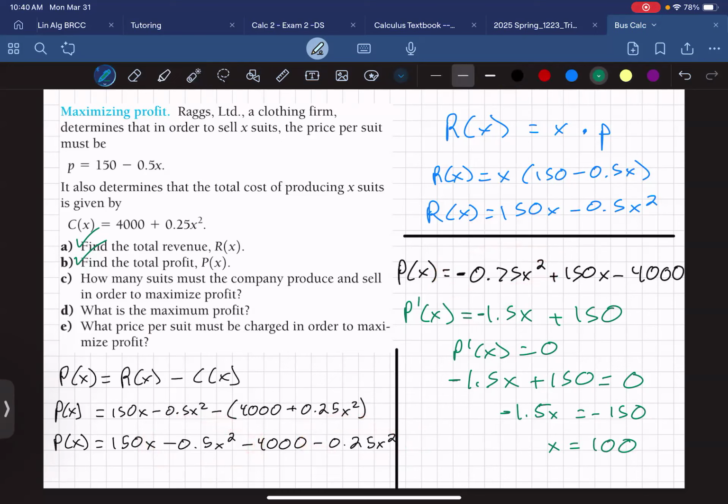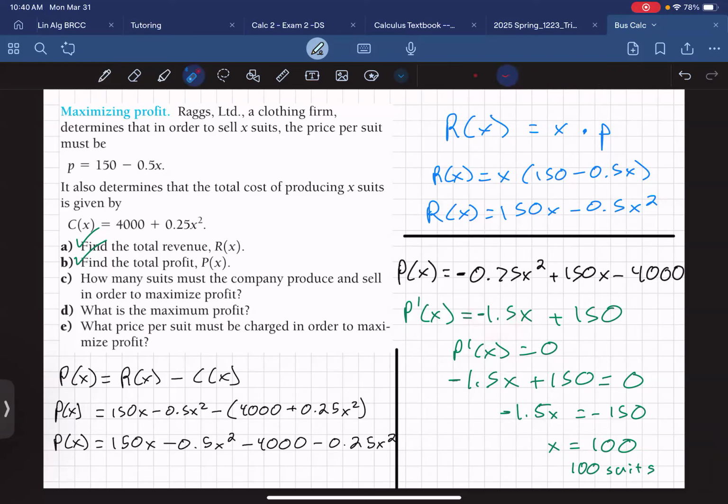So when you do the division, you should get 100. Just make sure you remember that 100 is coming from the idea that we're saying that's the total number of suits that the company must produce, right? So the company wants to produce 100 suits. Okay. Now, with that said, if you do the second derivative, you'll get a negative number.